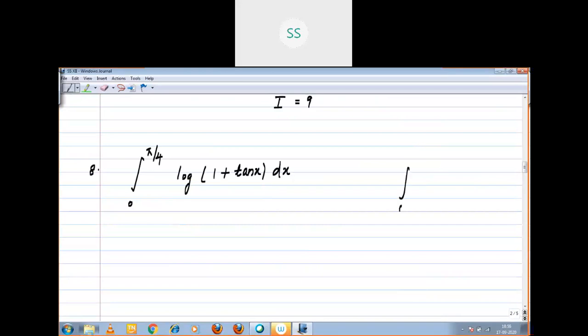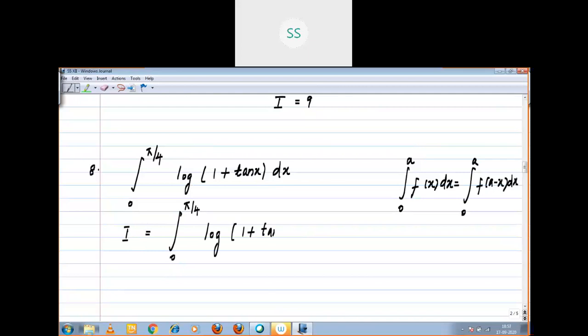Now I am going to move to question number 8. Integral 0 to pi by 4 log of 1 plus tan x into dx.